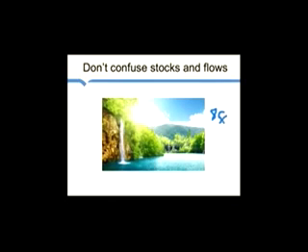So if Apple has a market capitalization of about 500 billion, well, that's the stock. The flow of sales through Apple in, say, 2011, that was a little bit over 100 billion. That's still very large, but you can see that for Apple, the flow is much less than the stock, just as in this picture, the flow of water is much less than the body of water, which you can think of as the stock.